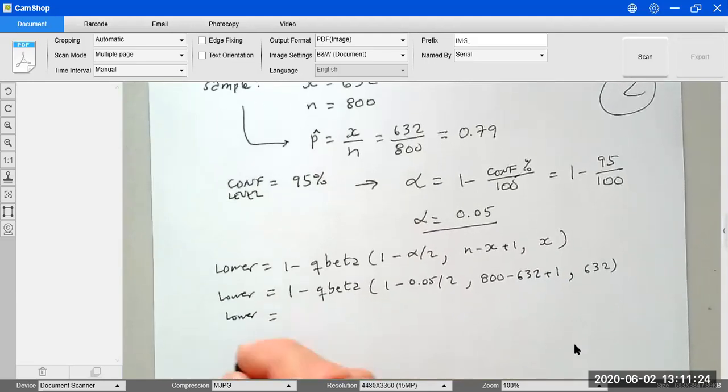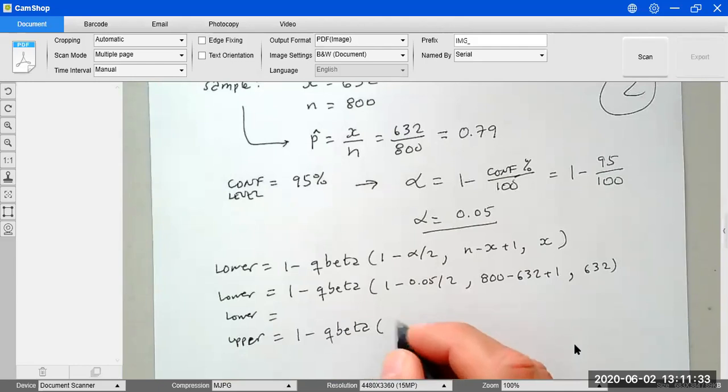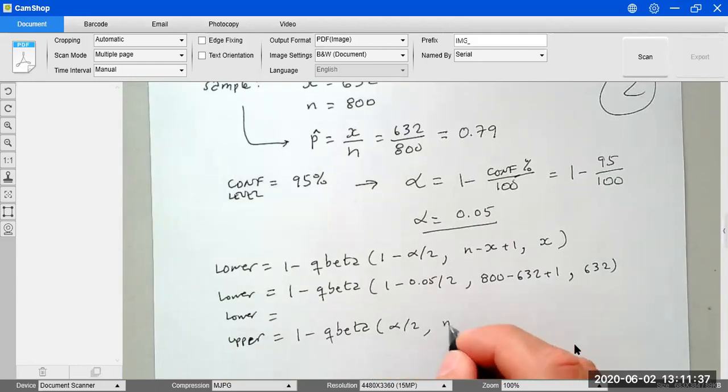So then the upper limit. The upper limit is going to be 1 minus q beta. And now we're going to have alpha over 2, n minus x and x plus 1.